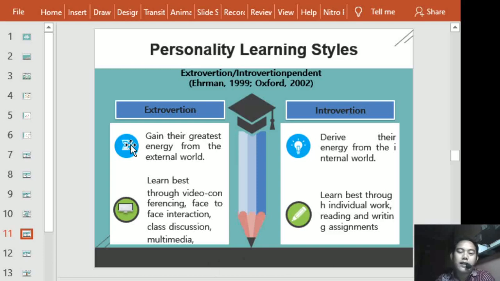They are energized by being with other people. They want interaction with people and have many friendships. Extroversion consists of six traits called facets, namely warmth, gregariousness, assertiveness, activity, excitement seeking, and positive emotions.